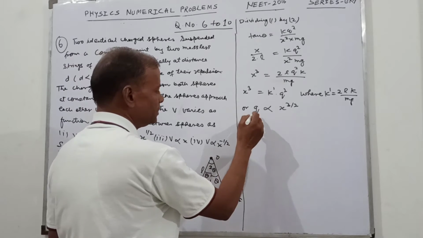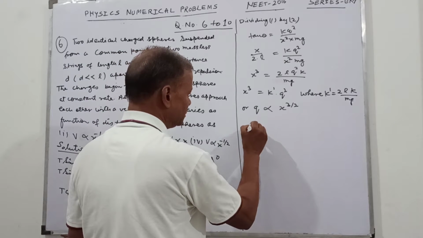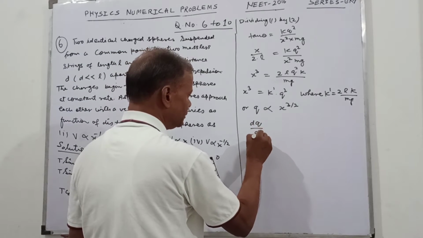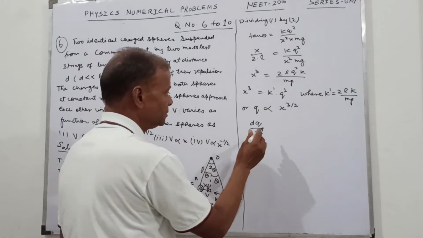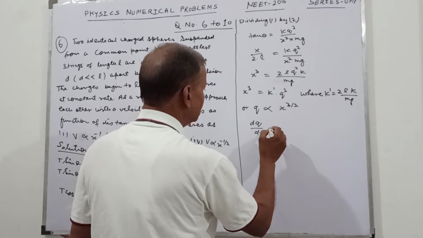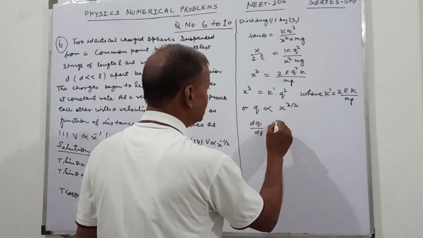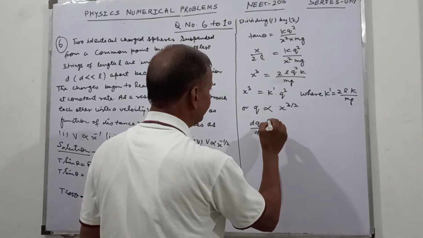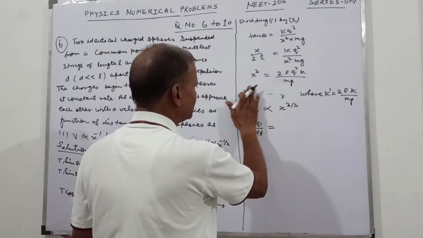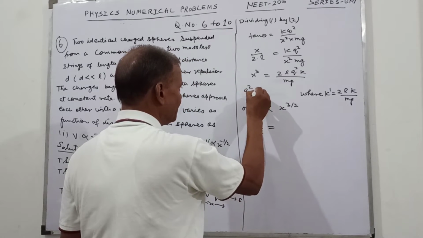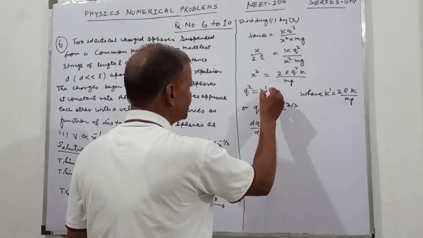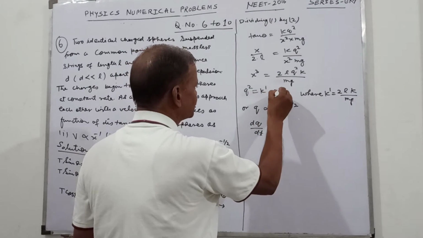So just differentiating this one, dq upon dt, this is the rate of leakage of the charge, and this is equal to a constant. Or we can write q square equal to k dash into x cube.